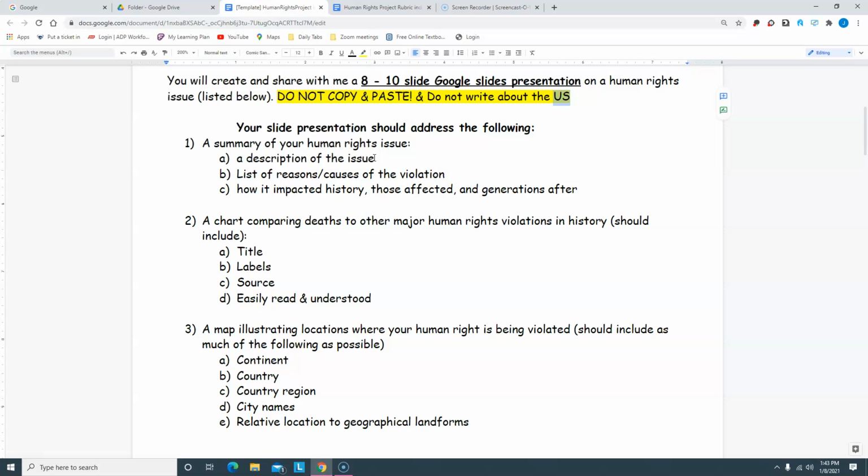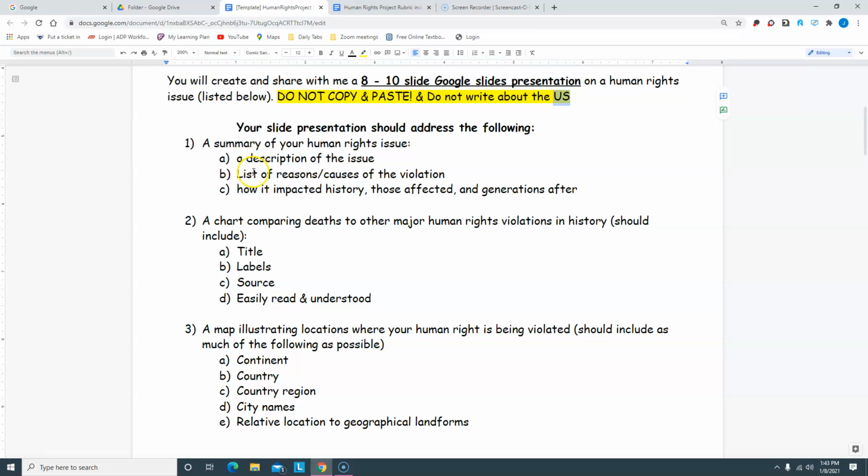These issues don't just take place one time or on one day. They take place over the course of years, and it takes years to build up to that. So give me a brief description. It can be in paragraph form. It can be bulleted. But be the teacher in this situation and teach me about your human rights issue.